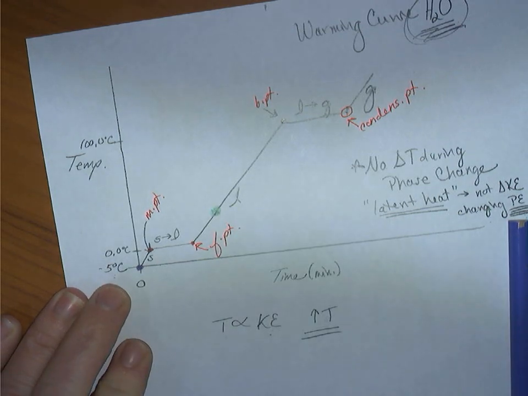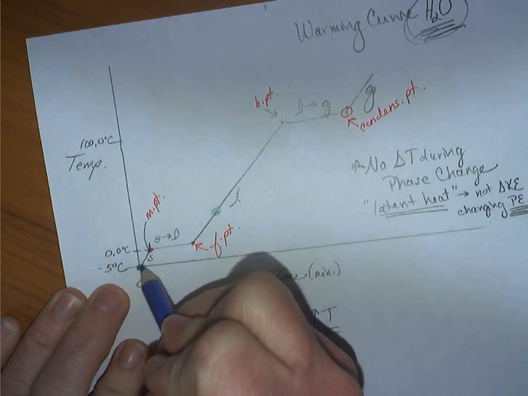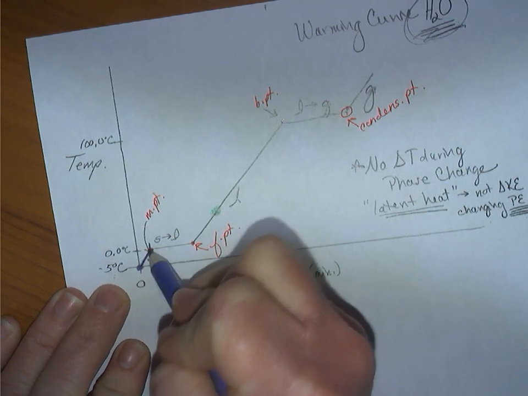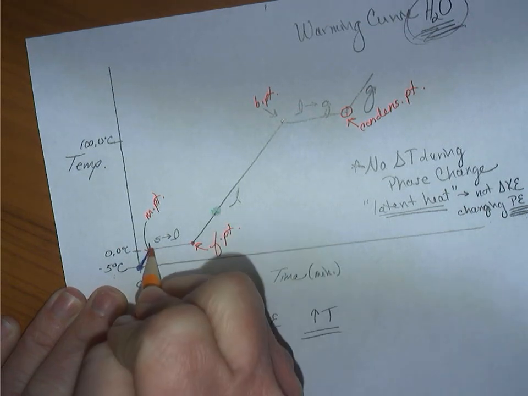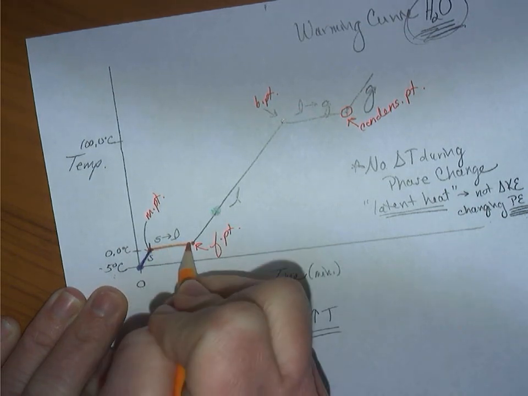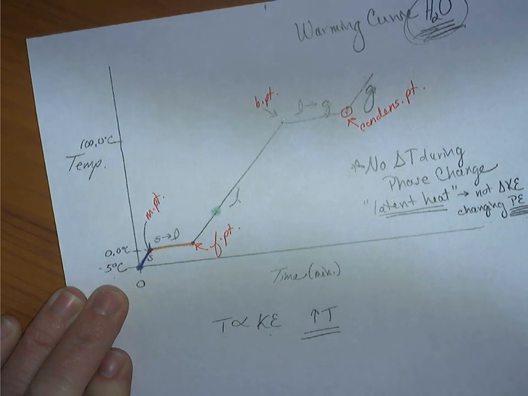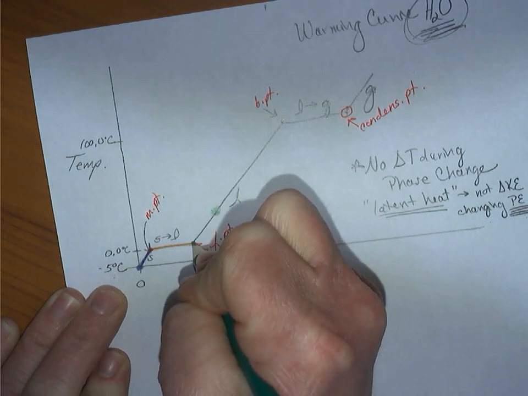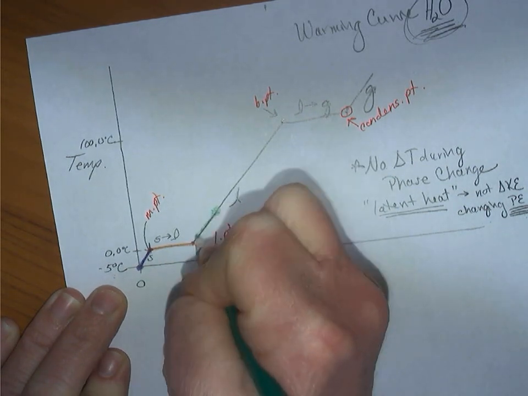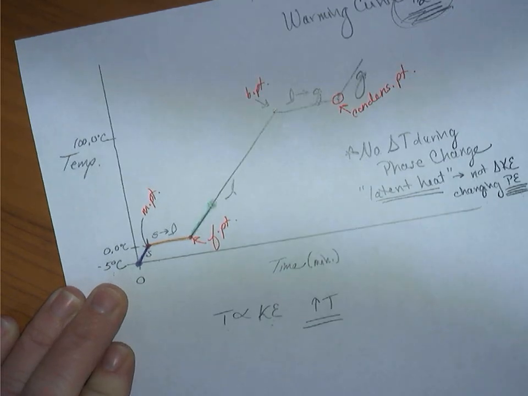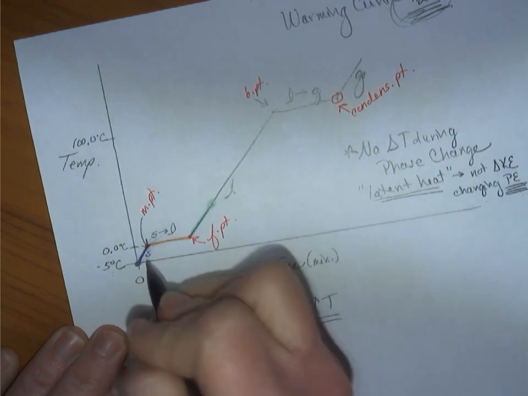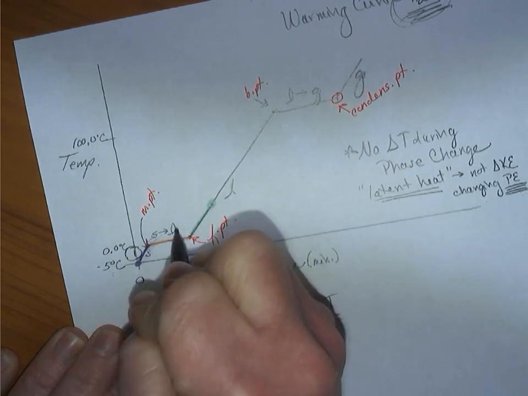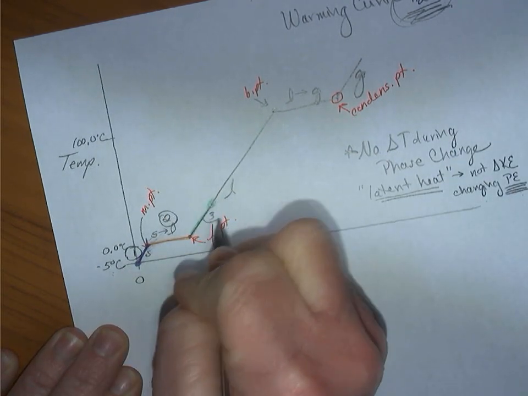Now, to accomplish that, what I will need to do is first get up to the melting point, then invest the energy to melt it. Then once it's fully melted, I need to increase its temperature to get me to 25. So I'm probably going to have to break this into 1, 2, 3 steps.